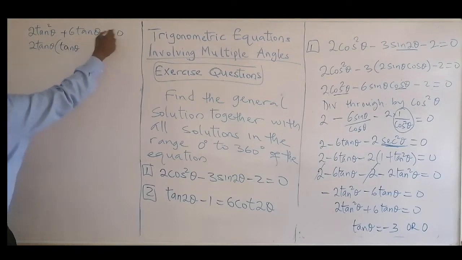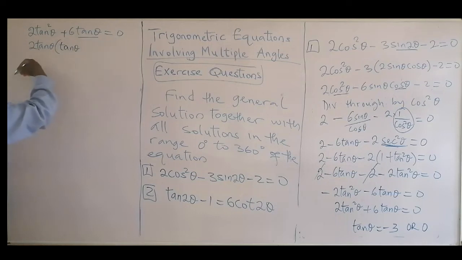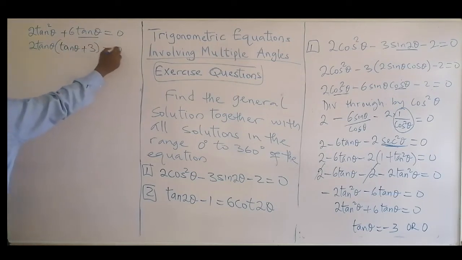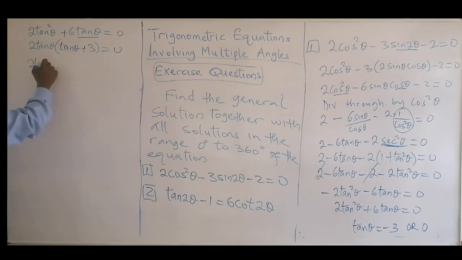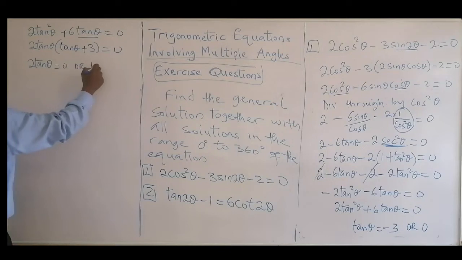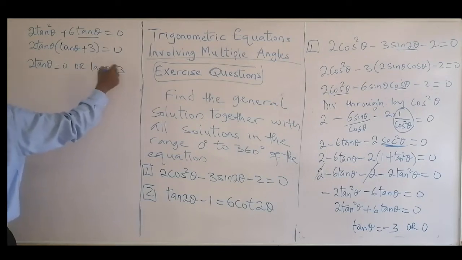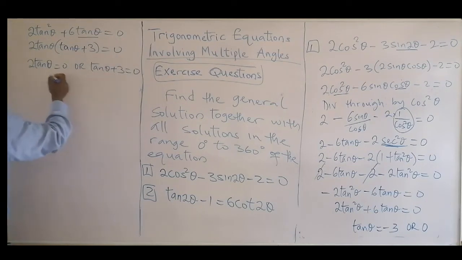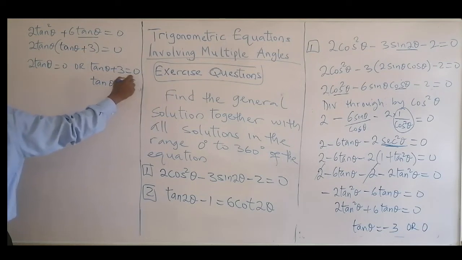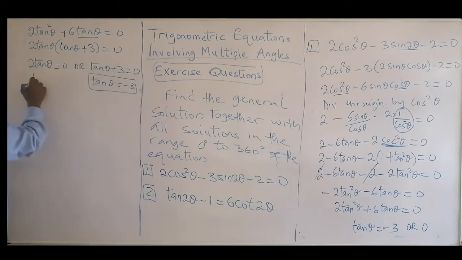Then this tan is already outside. How many 2 goes into 6? That's plus 3, equal to 0. So we have 2 tan theta equal to 0, or tan theta plus 3 equal to 0. So from here you have tan theta as minus 3, or tan theta equal to 0.